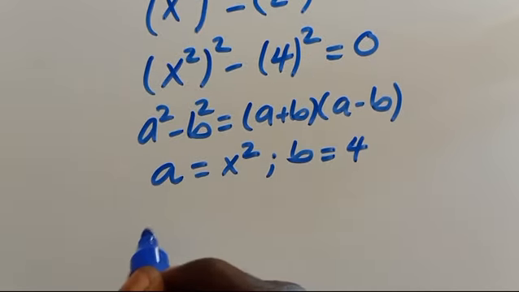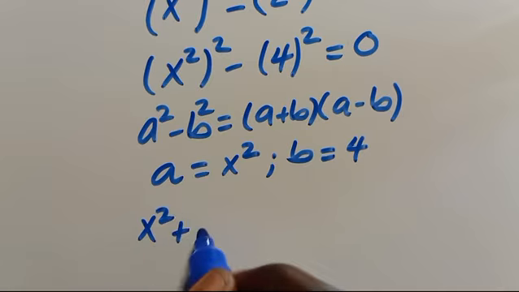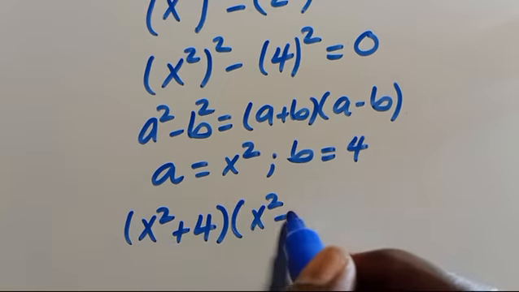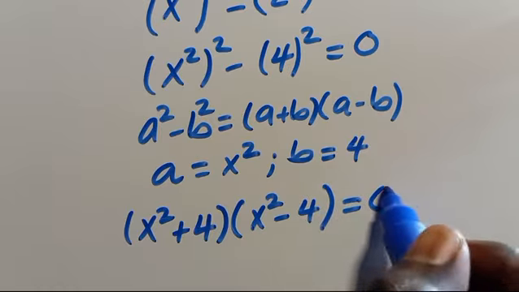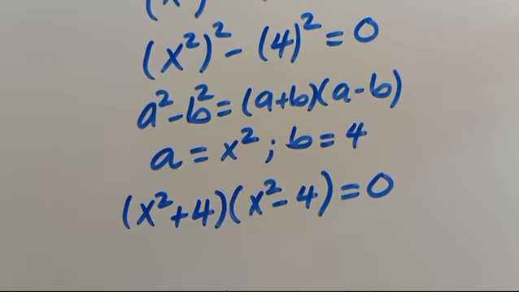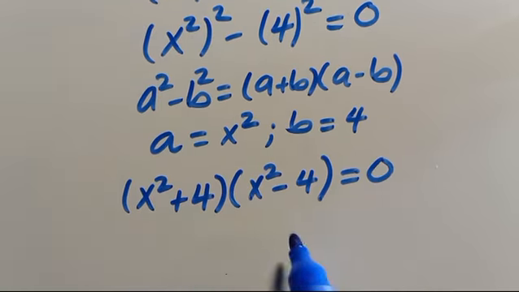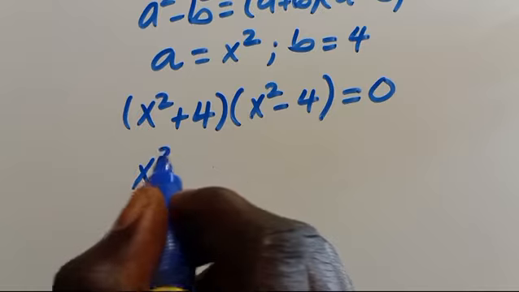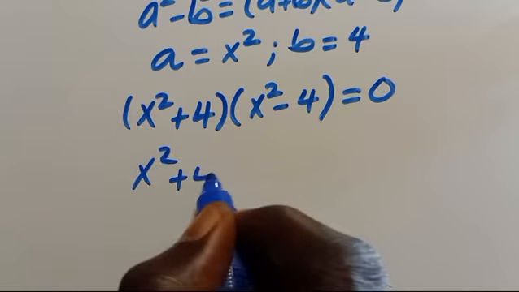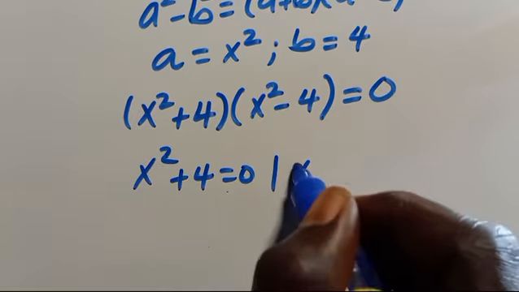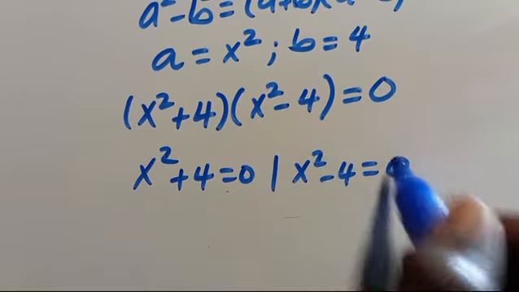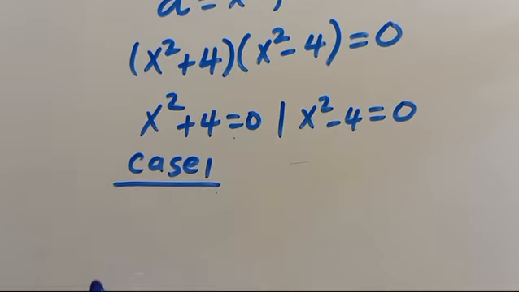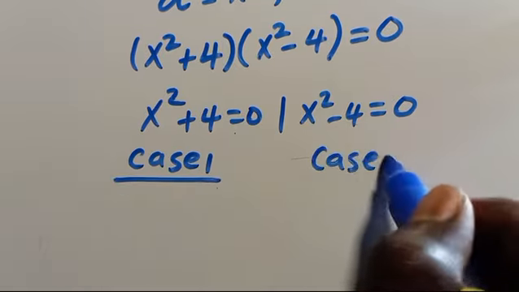So we are going to have x to the power of 2 plus 4 times x to the power of 2 minus 4 equals 0. Now for this expression to be equal to 0, either we have x to the power of 2 plus 4 equals 0, or we have x squared minus 4 equals 0. Let's pick this as case 1, and then we have case 2.